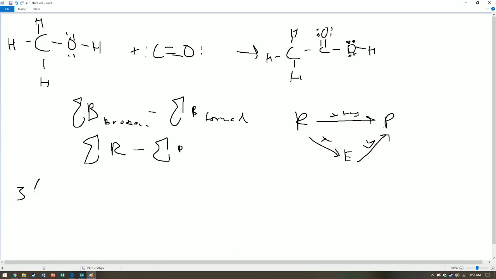So 3 times a CH bond; looking here on my screen, CH is 414. Alternatively, there's another way you could do this, so you can break all bonds: plus one CO single bond, which is 358, plus one OH bond.